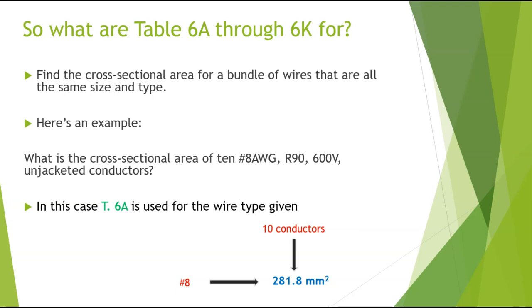And so, for example, if you get a question where you need to size a raceway for being able to hold 10 number 8 AWG conductors that are all R90 600 volt unjacketed, then what we can do is we can use table 6A to go and get the cross-sectional area of that whole bundle of 10 conductors, rather than going to table 10A and getting the cross-sectional area of one of those conductors and then multiplying it by 10.